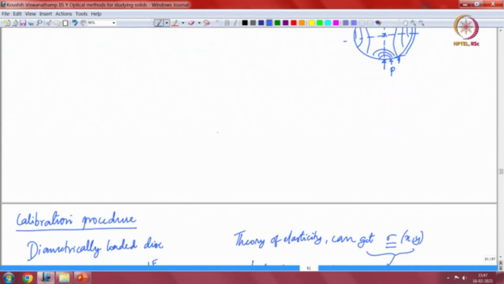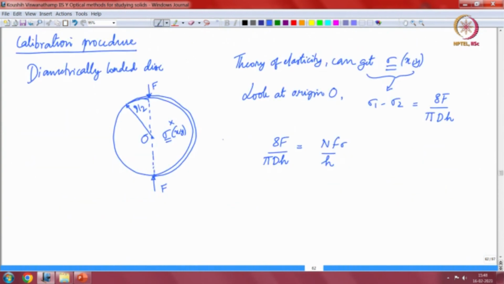So, h cancels out and you get F sigma is 8F by pi n d. So, this is how you get the value of the material parameters for this particular case.